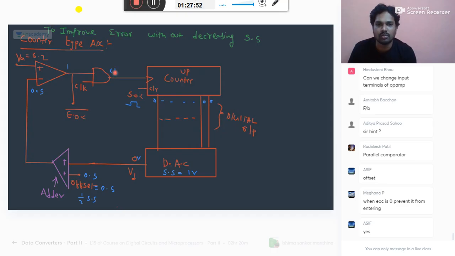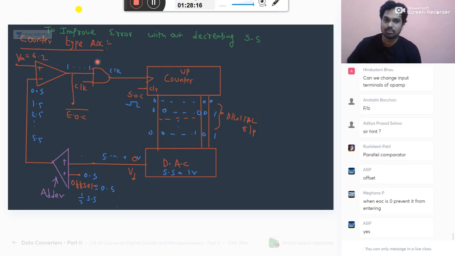So your clock will be applied. Like that you get the count going up to 5. For 5, you apply 1.5, 2.5, up to how much? 5.5. 6.2 and 5.5 you compare. 6.2 is more, so you get a clock.